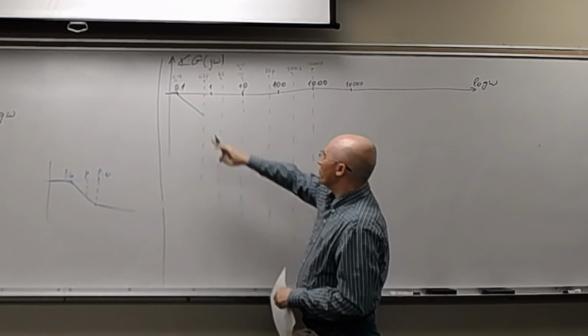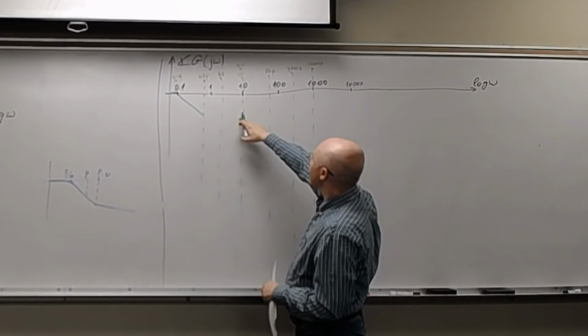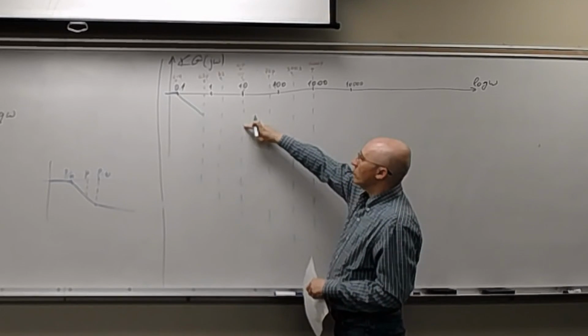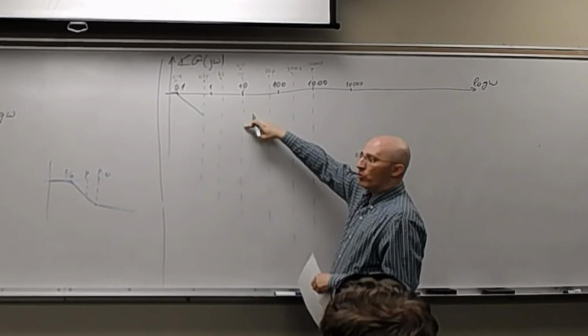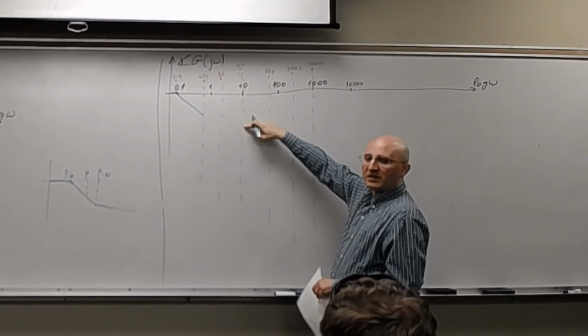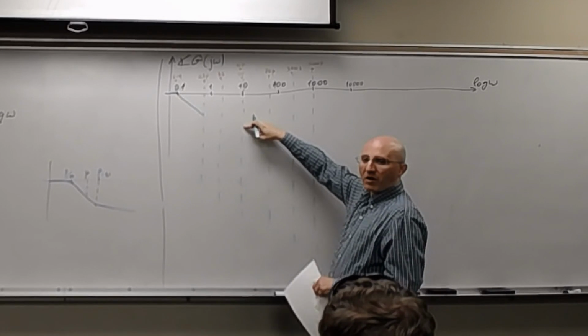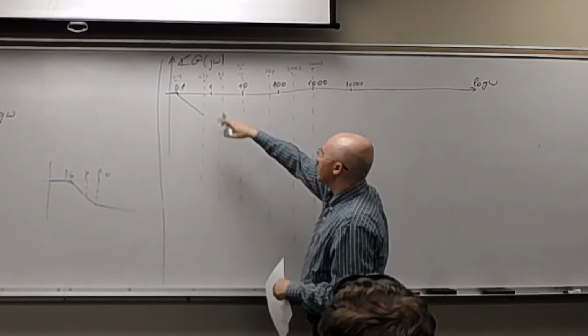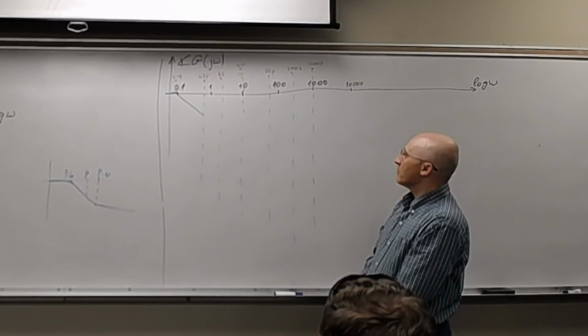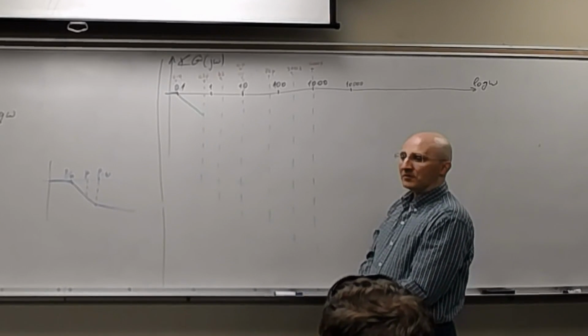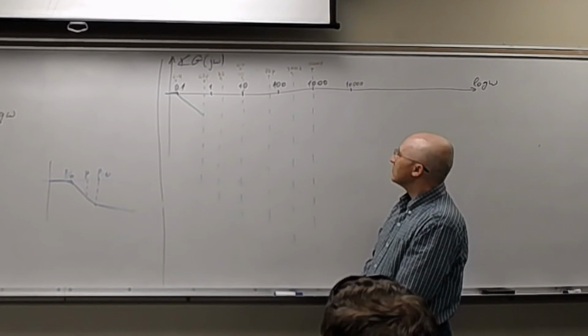If it would get to that point, how many degrees do you have here? Minus 90. So a single pole can add 90 degrees, which is by half, right? But it's not getting there because you have another pole here, right? So what happens with that pole now?